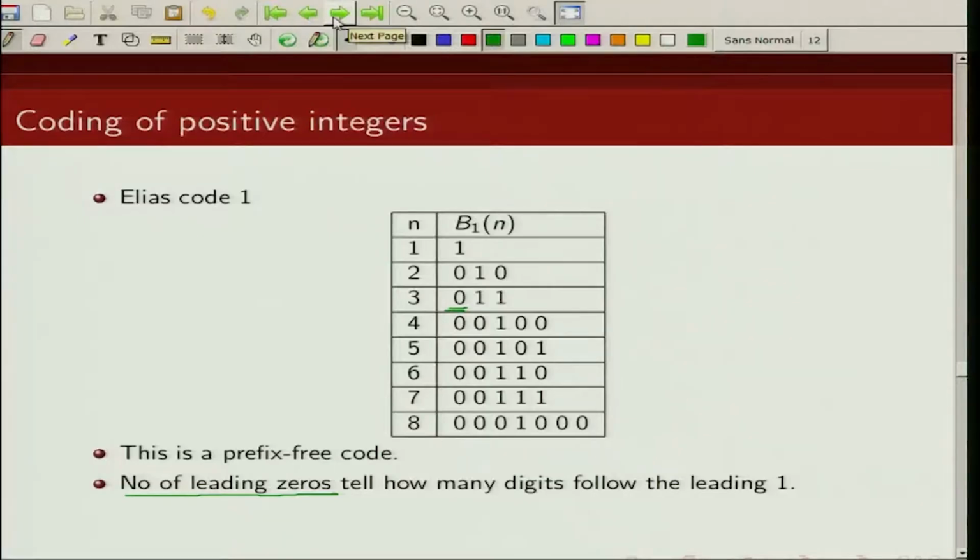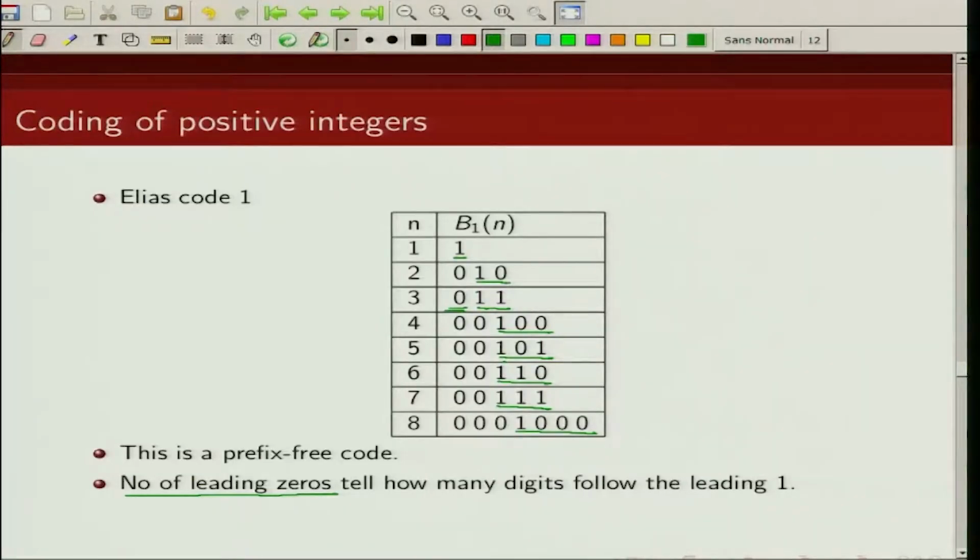There's one more observation you should take note of: when we are writing the binary representation of numbers, all of these numbers start with 1. You see here? 1 is 1, 2 is 1 0, 3 is 1 1, 4 is 1 0 0, 5 is 1 0 1, and so on.